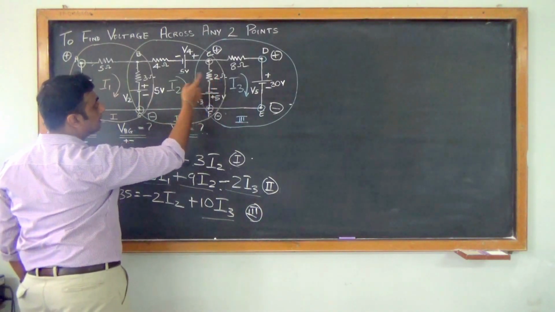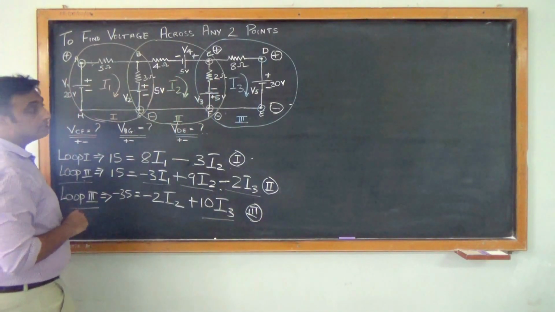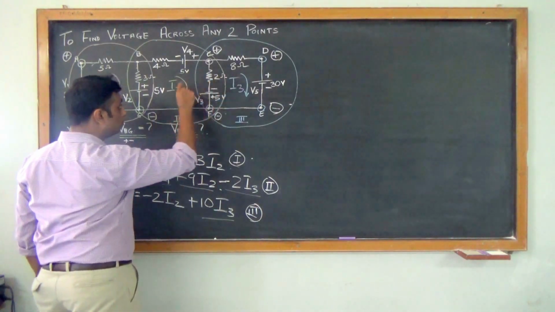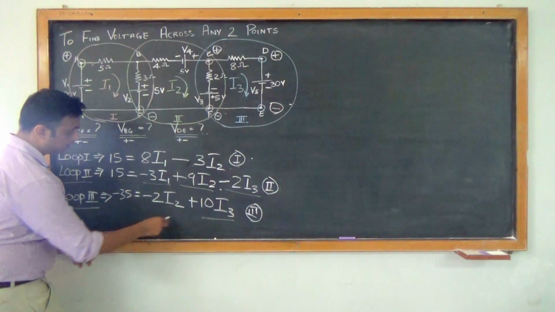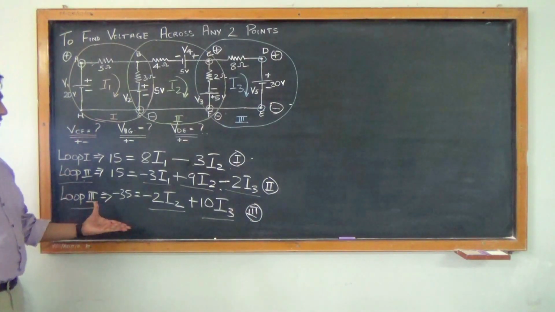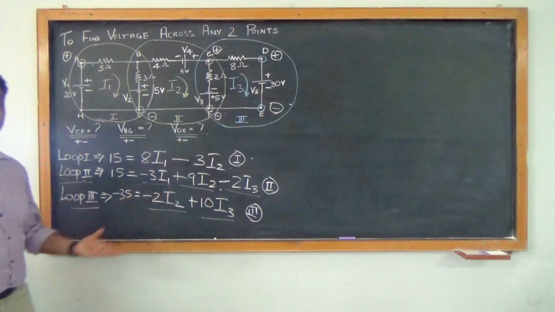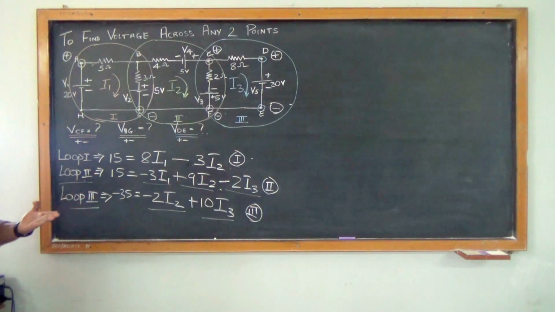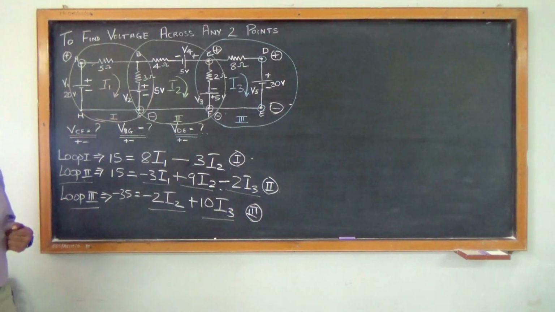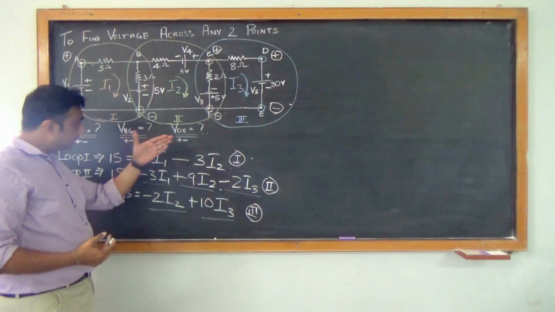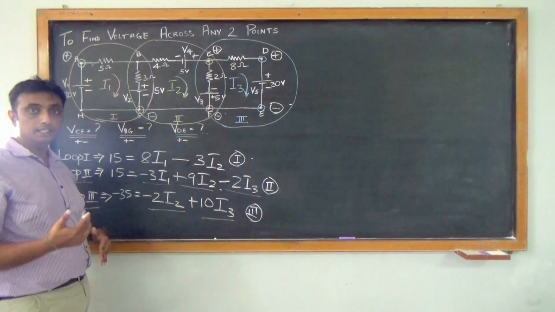So the 2 ohms is also interacting with the I2 current, which is in loop 2. So it is taken as minus 2 I2, which is written here. In this way we can avoid all the tedious steps and write equations 1, 2 and 3 effectively, thereby saving time. So you can get your equations in just one step.